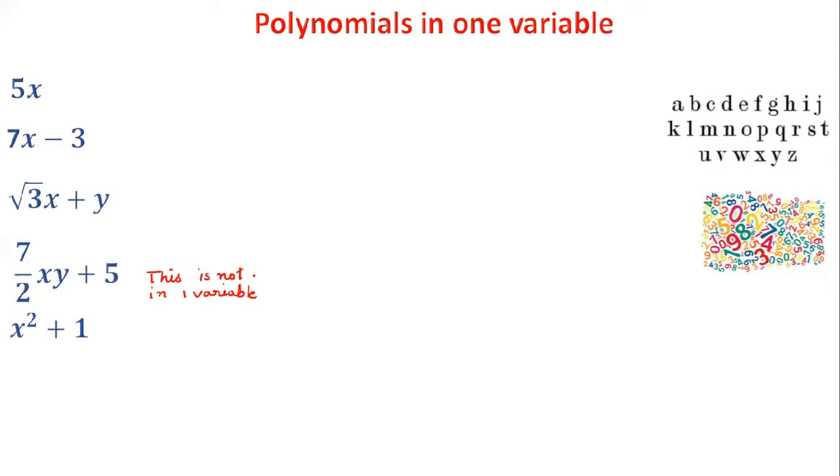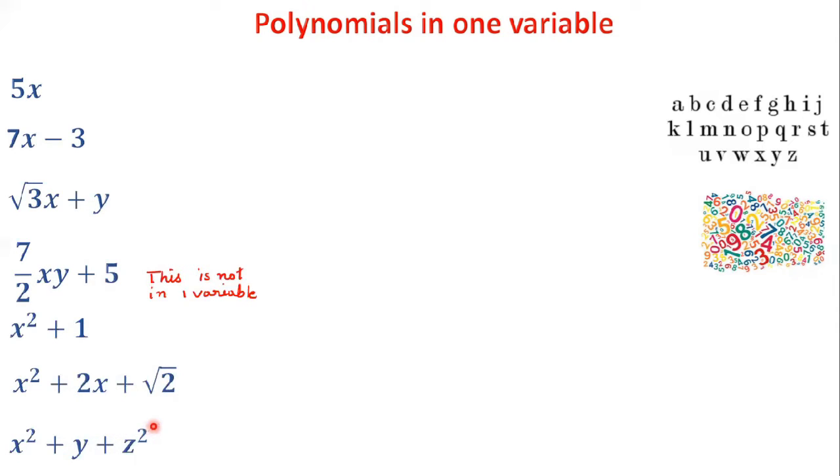x square plus 1. It is a polynomial in one variable. The variable is x, made of two terms, x square and 1. x square plus 2x plus root 2. It is a polynomial made of three terms. x square plus y plus z square.